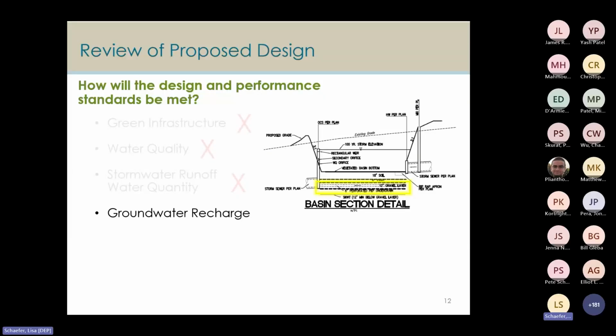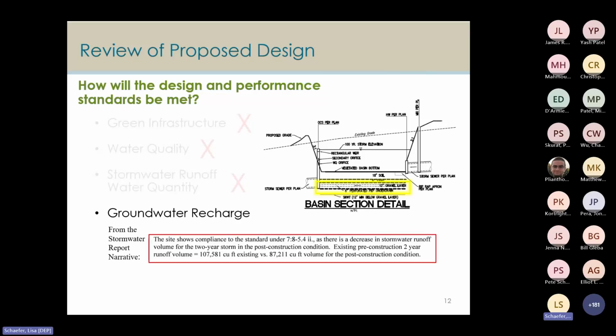So furthermore, this is where it got really strange. The narrative of the stormwater report erroneously stated that these under-drain basins are sufficient to address the groundwater recharge, claiming that the proposed 2-year hydrograph volume was less than the existing 2-year volume, as shown in the excerpt that I've got here in the red box.